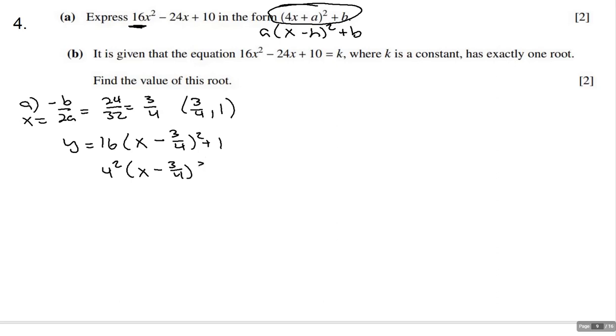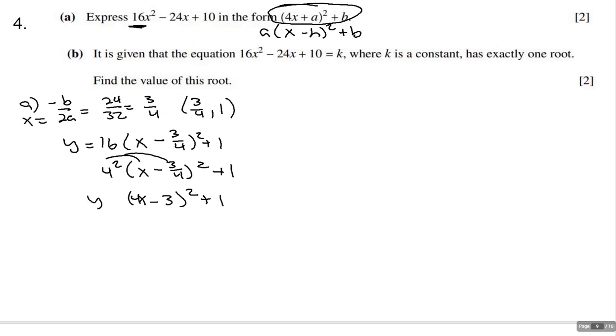Oops, both those are squared. All right, now, because everything inside here is being squared and the 4 is being squared, I literally can distribute this now. So this ends up being 4x, and when I multiply 4 times negative 3/4, I get negative 3.